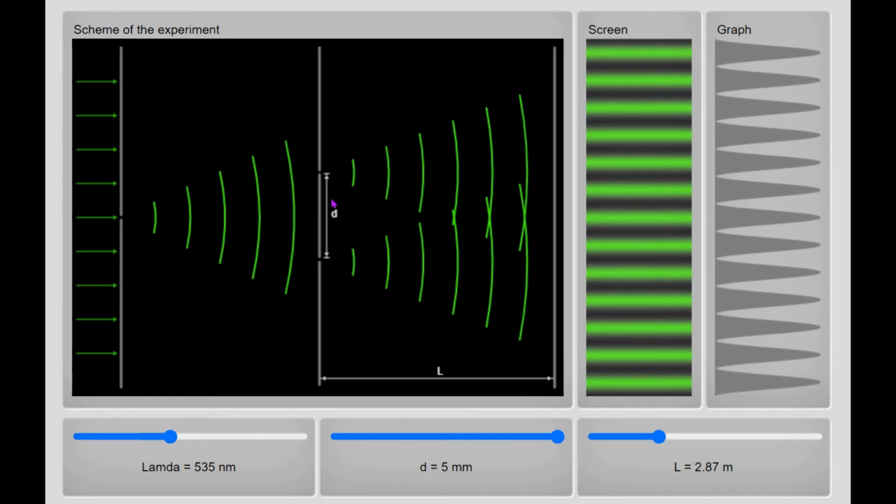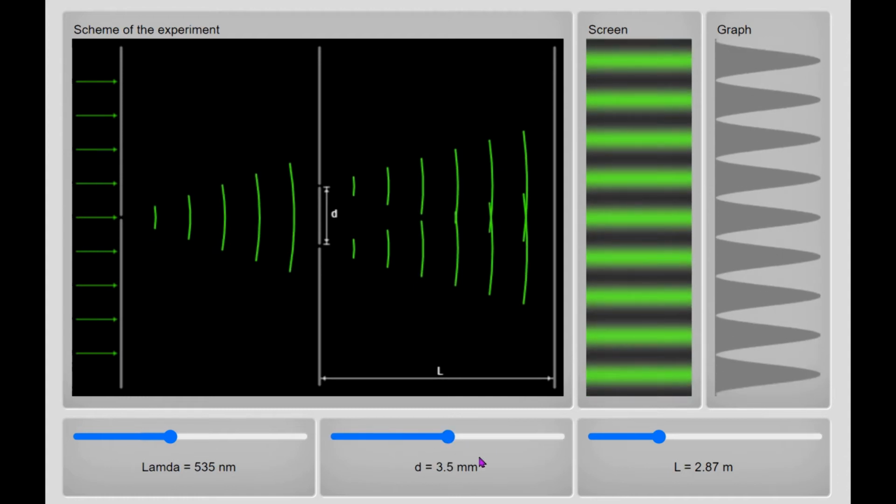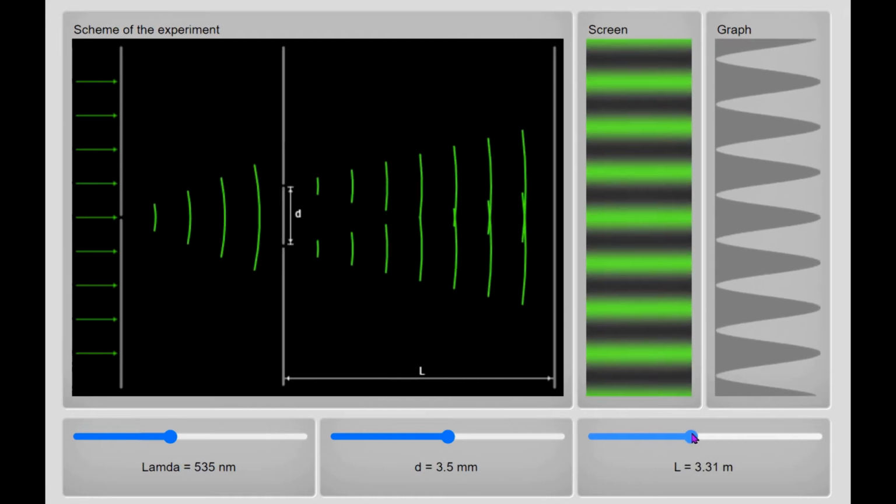Okay, I'll place it at a medium range. Now let's see this L, which is the distance between the slits and the screen. If I decrease the distance between the screen and the slits, what happened? The band width decreased. If I increase it, the width is increasing.